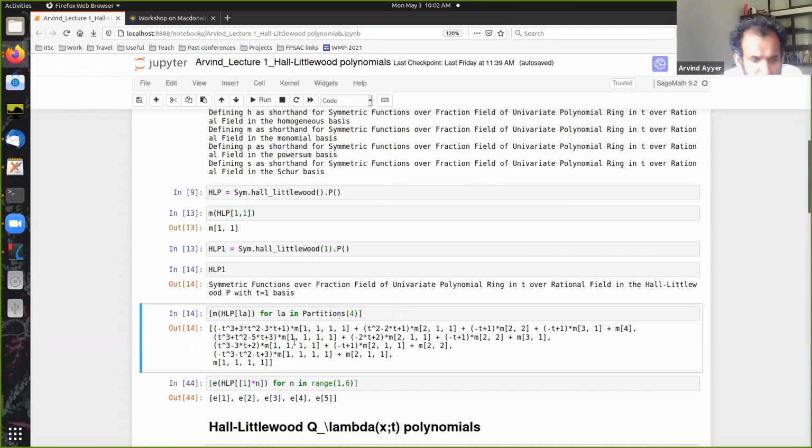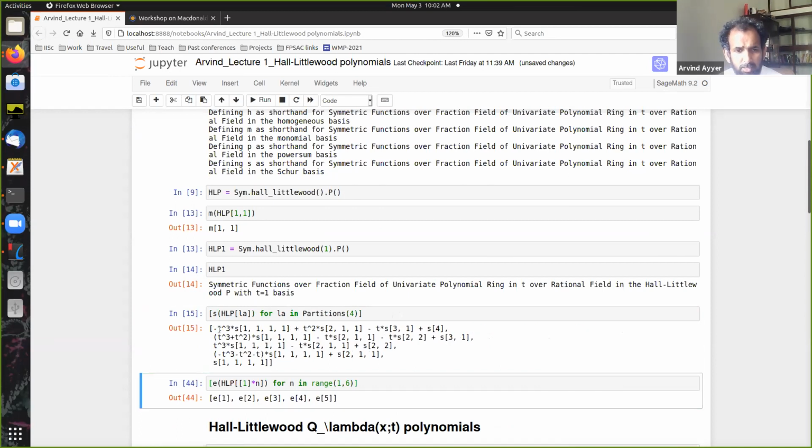Since the first theorem was about the Schur expansion, you can see this as well. I have now expanded in Schurs, and now you see maybe the coefficients are a little bit simpler. And you can see that the leading coefficient is 1. By leading coefficient, I mean the coefficient for the partition that we are running over.